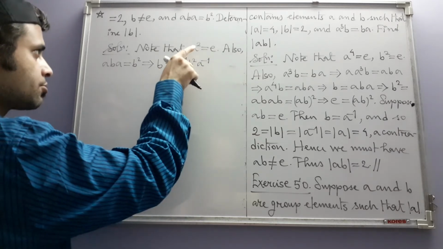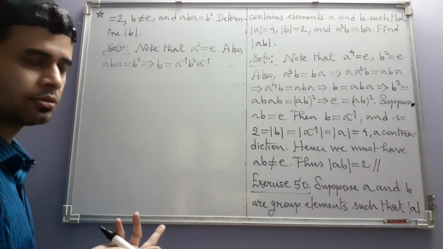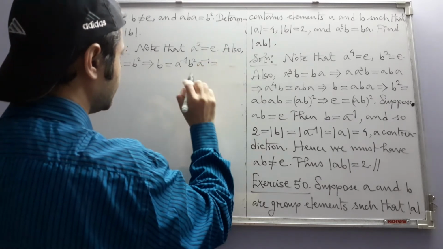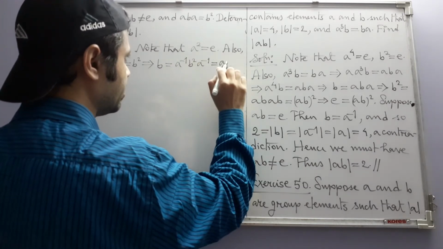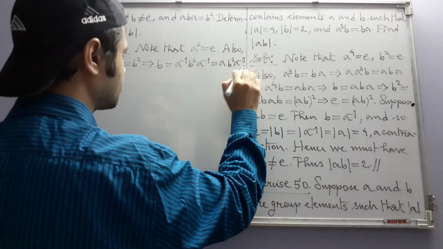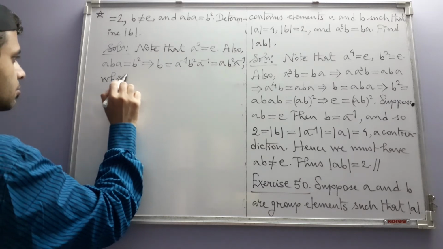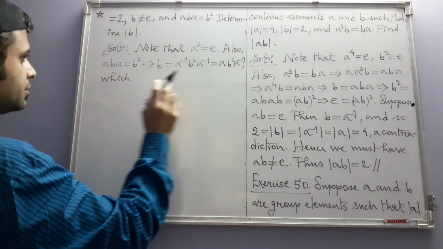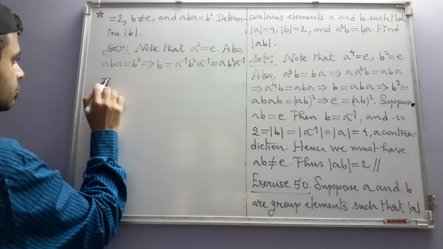But since A square is equal to the identity, A inverse is actually equal to A. So we can write A B square A inverse, which implies, now I could have written just a simple implication sign itself.